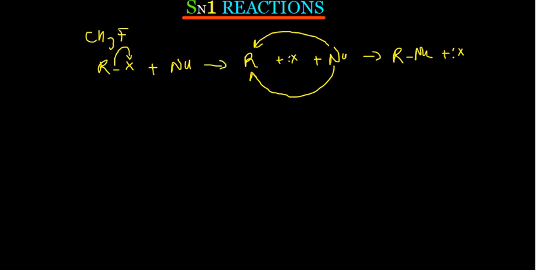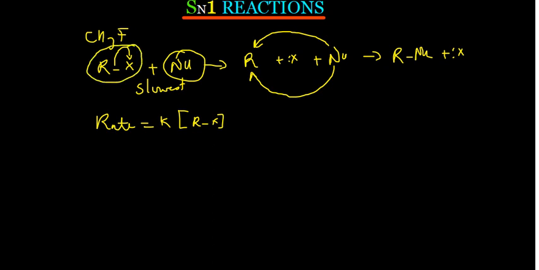So we see that in this reaction, this is the slowest step, and the rate of a chemical reaction depends on the slowest step. And so the rate is just going to be given by RX. The nucleophile is not involved in the first step because this one automatically breaks by itself.